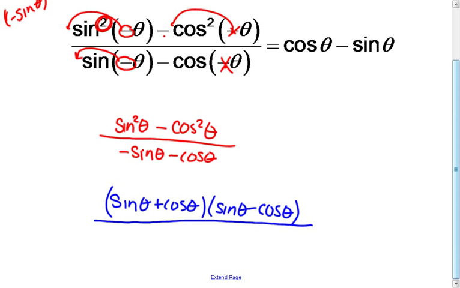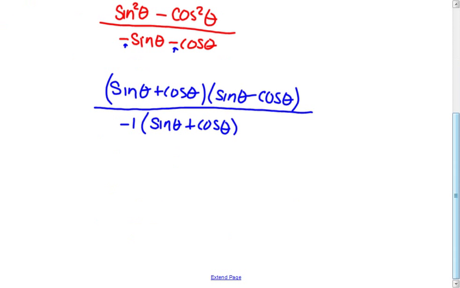Then in the denominator, what I'm going to do is factor one of these negatives out. When I pull a negative 1 out, then I will have sine theta plus cosine theta. Now I have an entity on the top and an entity on the bottom that are exactly like each other, so I can go ahead and cancel that.